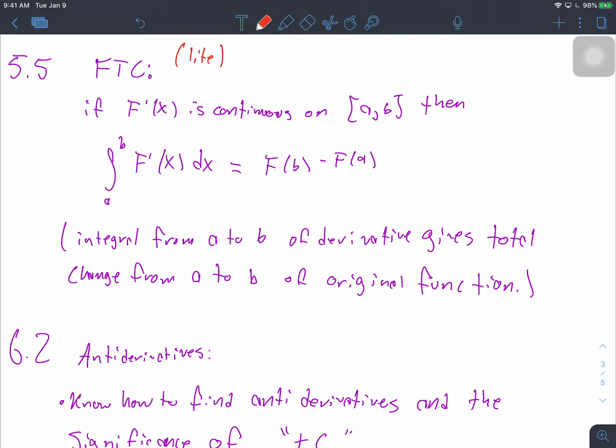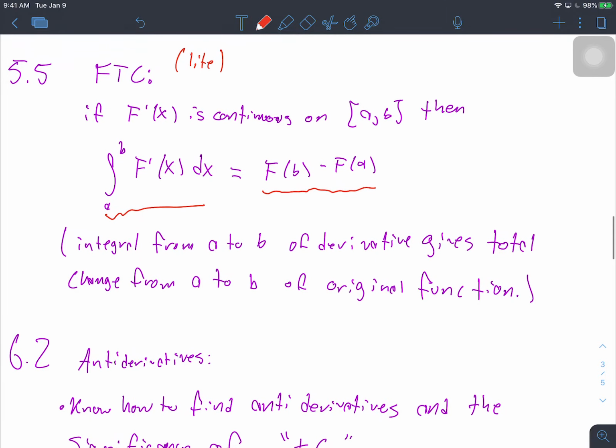So what this really says is that if we take the derivative of a function and we integrate it from a to b, what we get is the difference in height between the function evaluated at b and the function evaluated at a. Okay? So the integral from a to b of the derivative gives us the total change from a to b of our original function.